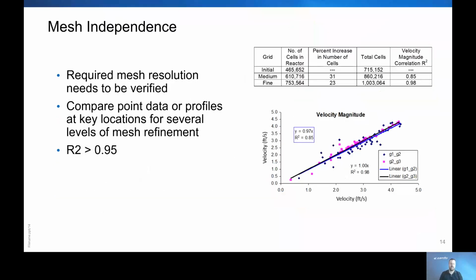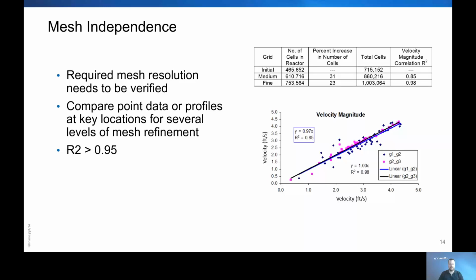Mesh independence is another parameter that's important, particularly for disinfection problems where human health is our primary goal. So we require a mesh independence study to be conducted as part of chlorine contact basin modeling for approval by CDPHE.